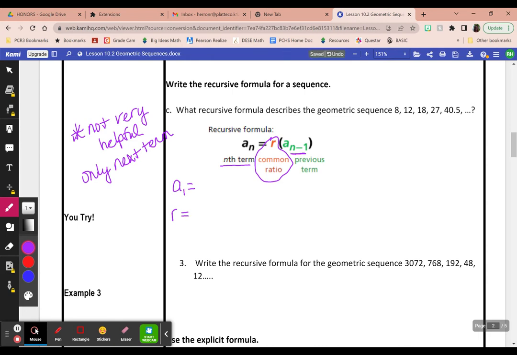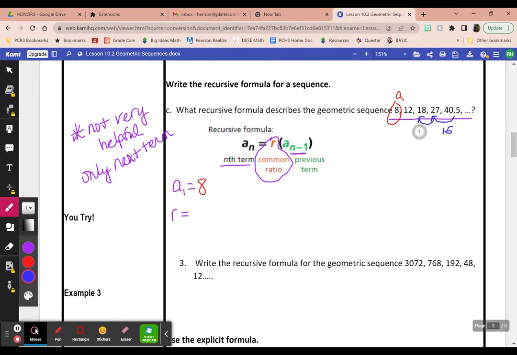So in this sequence up here, 8, 12, 18, 27, 40 and a half, right? We are looking for a sub 1. So that's your a sub 1, which is 8. And then you're looking for your ratio. So to do that, we have to divide. So 40 and a half divided by 27 gives me 1.5.